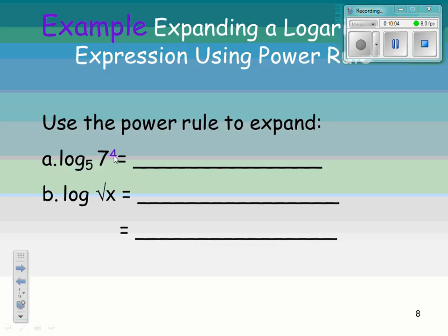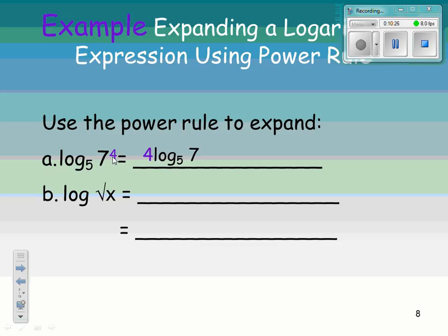All I do is grab that 4 and swing it out here in front of the log. So it's going to end up being 4, because 4 comes to the front, log base 5 of 7. 7 stays put. The only thing that moved was the exponent.